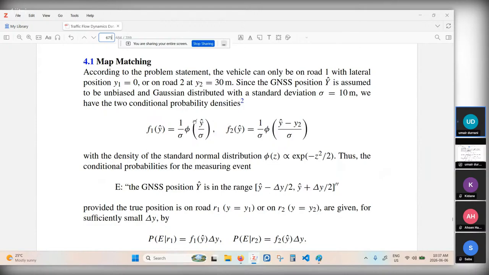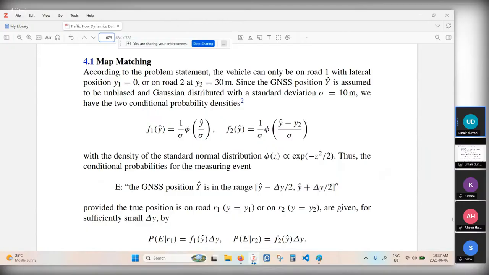Phi of this thing is again the standardized version of the normal distribution. Here they explain that the standard normal distribution phi of z is proportional to exponential of minus z squared over 2. Again, they have skipped the square root of 2 pi here. So given these two things, we need to estimate these conditional probabilities.